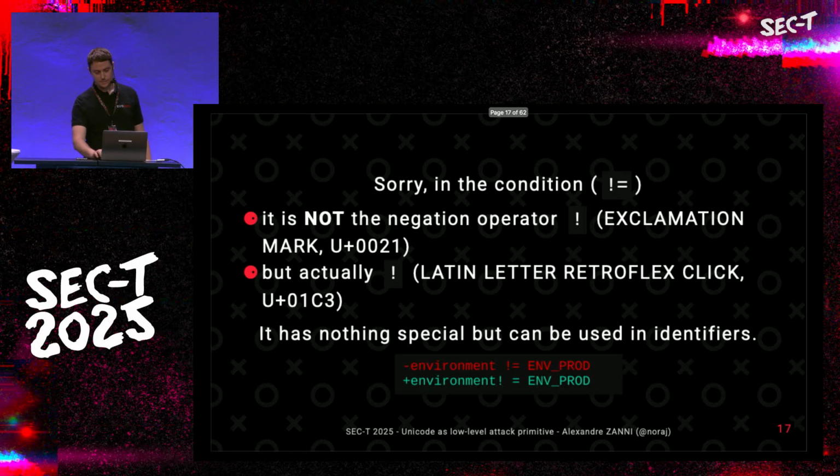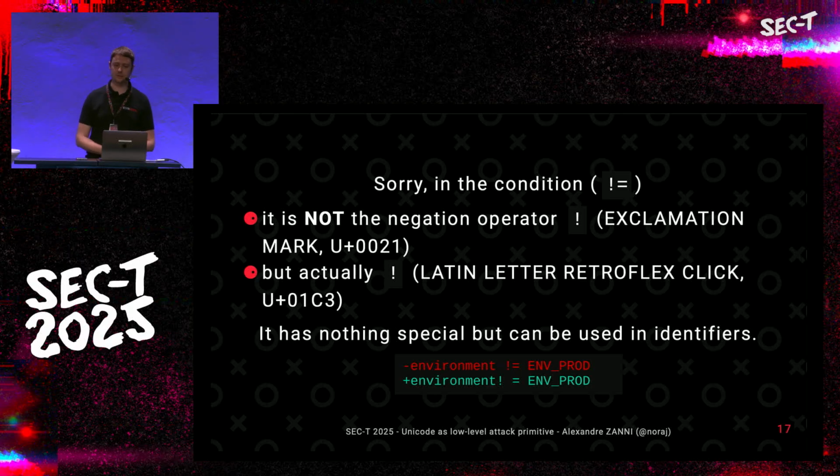But what you thought in the condition was an exclamation mark for the negation operator was not. It was actually a retroflex click character that looked much like an exclamation mark, but is not. In red is what you expected to get in the condition, checking the environment against the constant.